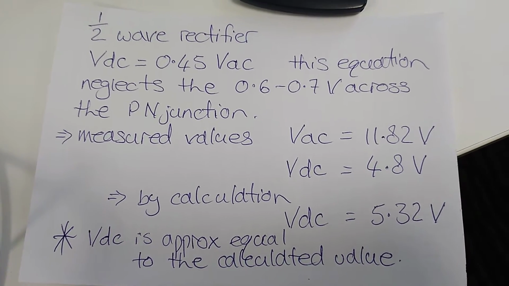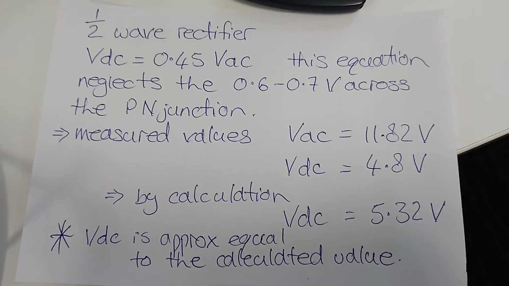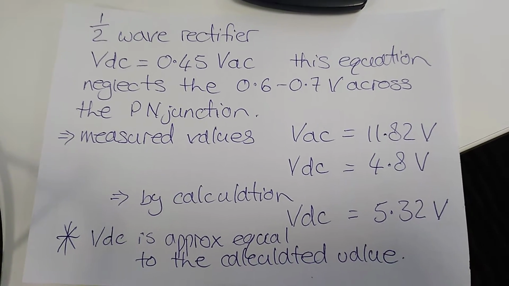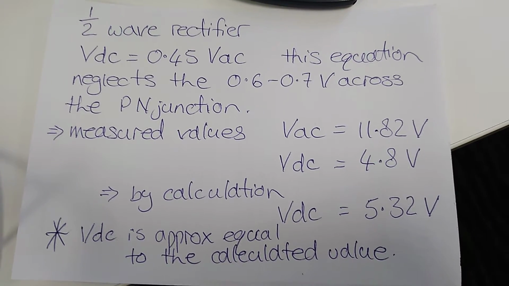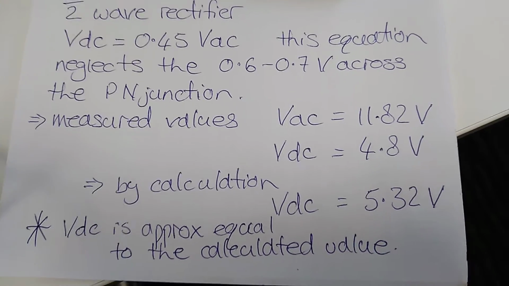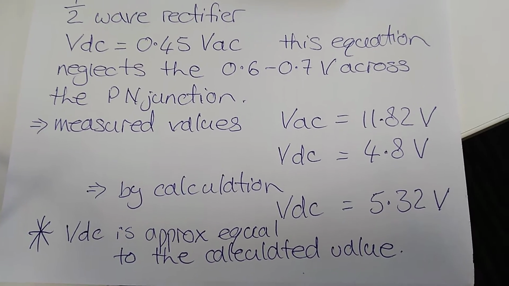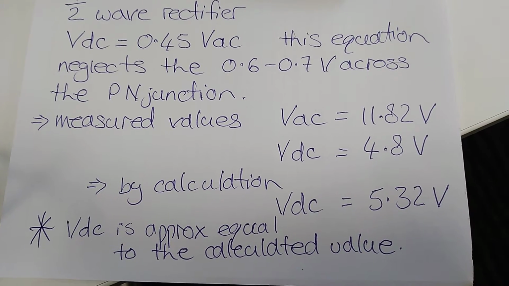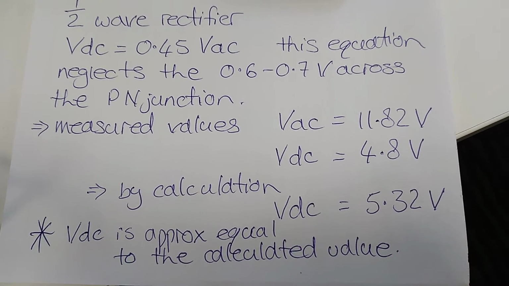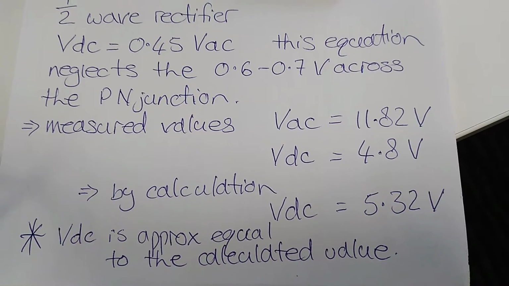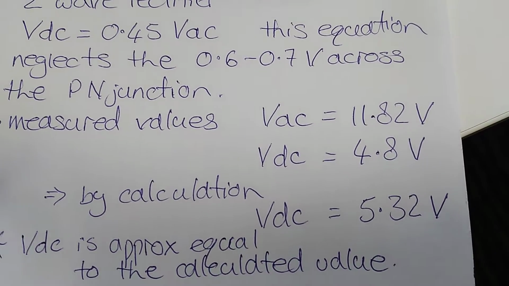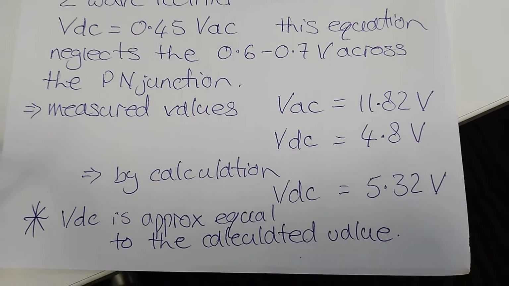But this equation is not considering the voltage drop across the PN junction of the diode. So my measured values were about 11.82 volts is my value of AC voltage to my rectifier. My voltage DC I'm measuring across my resistive load is 4.8 volts.